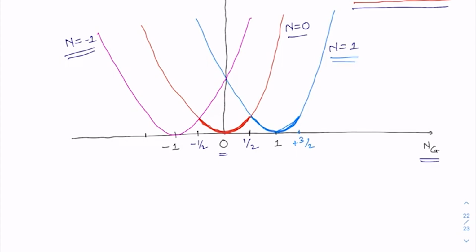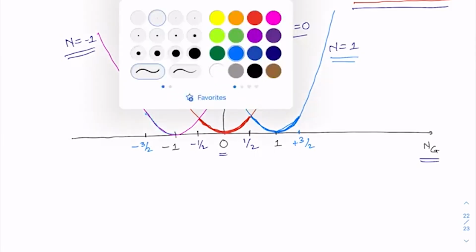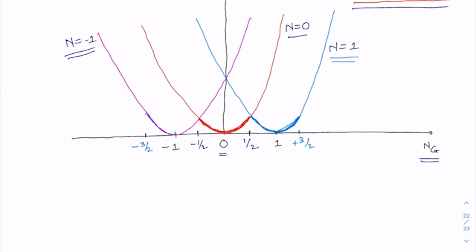Similarly, if NG lies between say minus 3/2 to minus half, then the ground state will correspond to this lower branch. I hope you get the idea here.